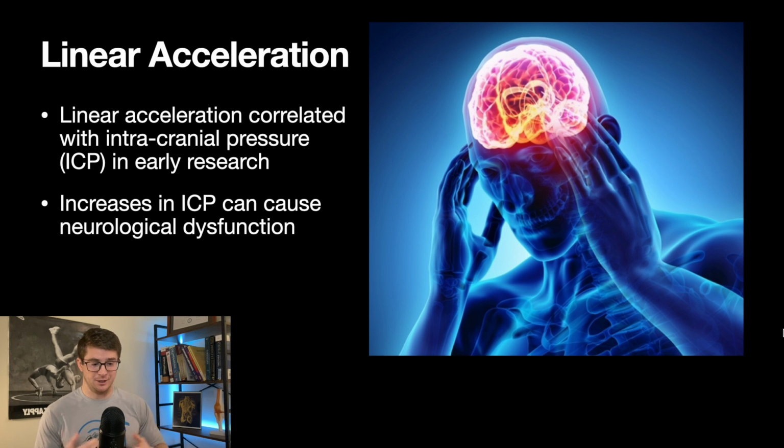That is just the pressure that the fluid, mostly cerebrospinal fluid, is putting on the structures and neural tissue of the brain. It seems pretty intuitive: if we see an increase in intracranial pressure with an increase in linear acceleration, and we know that increased intracranial pressure can cause neurological dysfunction, then we are making that association.